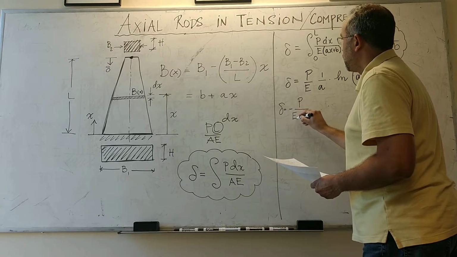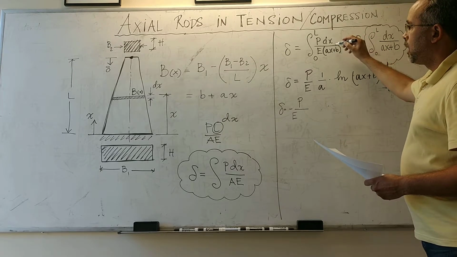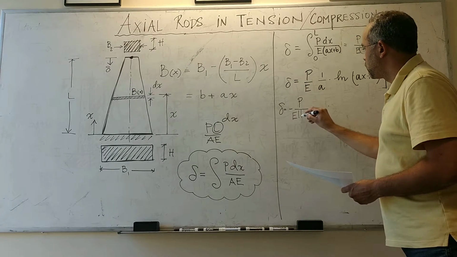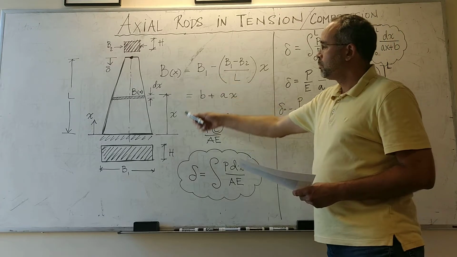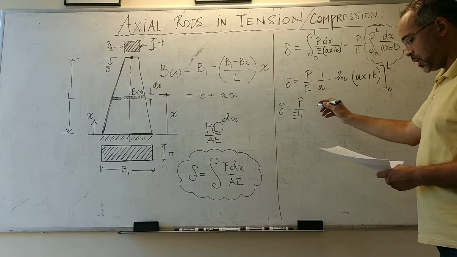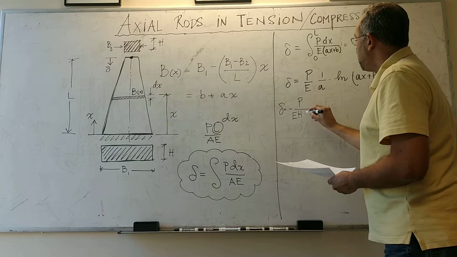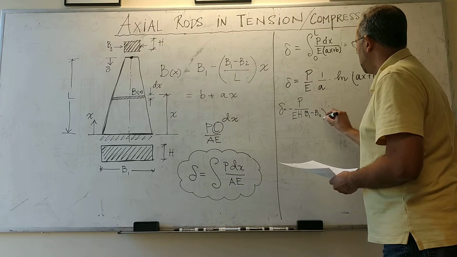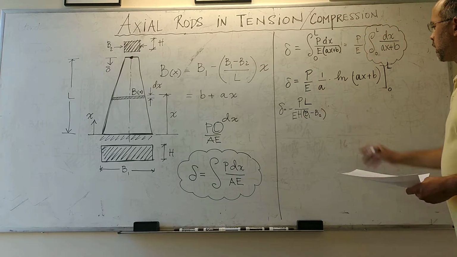We have E. And here, keep in mind that we do need to multiply by h to get an area, right? This is the variation of the width. To get an area, we need to multiply by h. So this becomes E times h times (b1 minus b2) divided by L, so that L comes upstairs here.